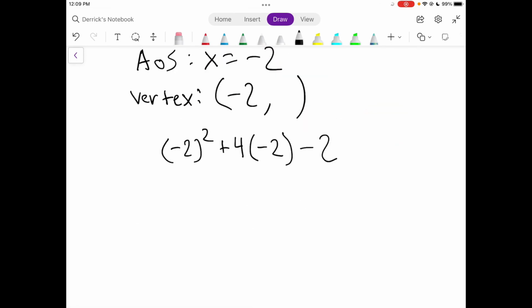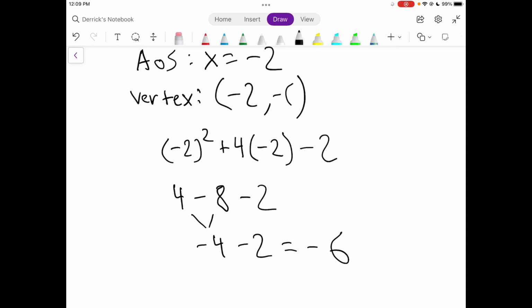So negative 2 squared would become positive 4. 4 times negative 2 would be negative 8, and the minus 2 is just getting rewritten at this point. 4 minus 8 would be negative 4, and negative 4 minus 2 would give me negative 6, giving us negative 2, negative 6 as a coordinate point.